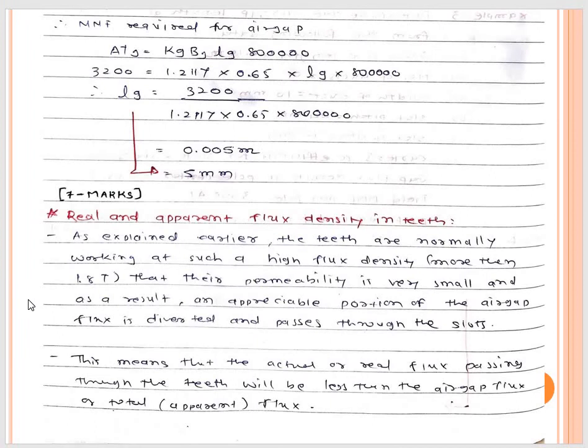Now the next important question for 7 marks is: define real and apparent flux density and derive the equation for it. As explained earlier, the teeth normally work at such a high flux density, more than 1.8 Tesla, that their permeability is very small.